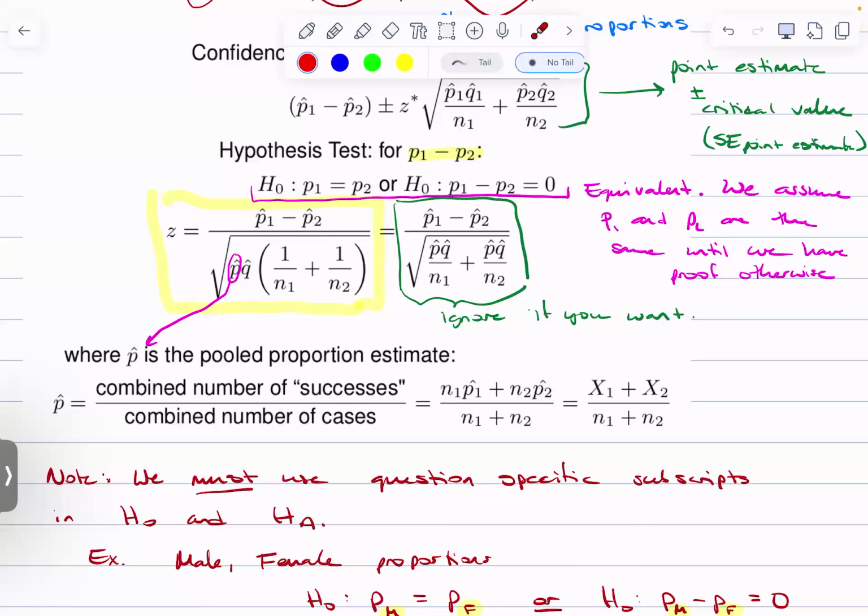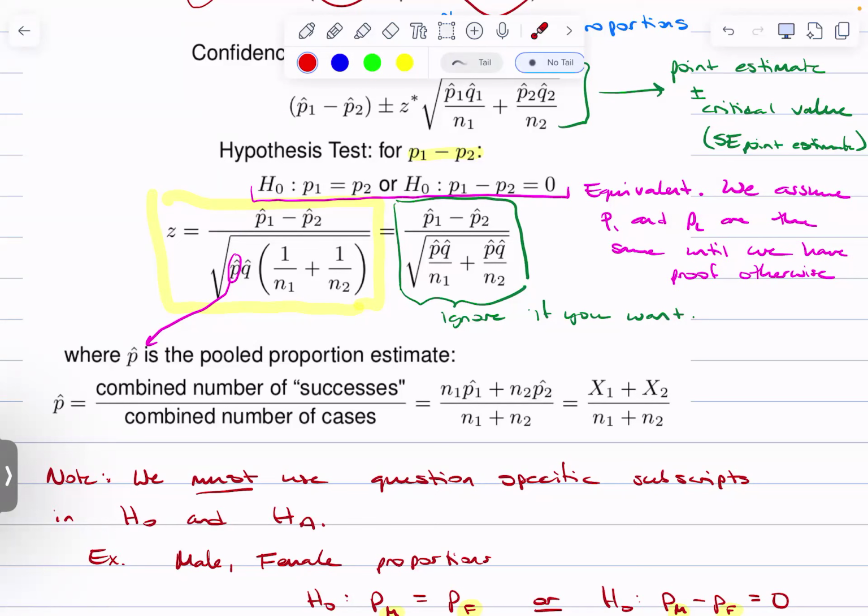So remember, in hypothesis testing, the standard error for one sample proportion was based on P naught, right? We assumed that it was centered on this P naught, and then we were able to use that for our standard error. Now, we don't have a P naught because I'm saying, okay, P1 minus P2 is equal to 0.